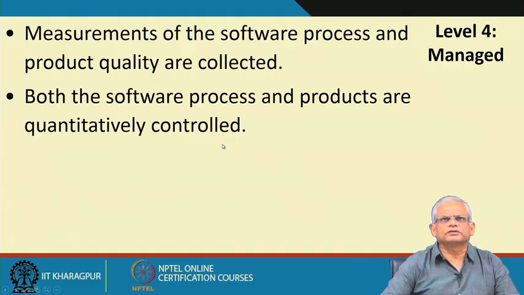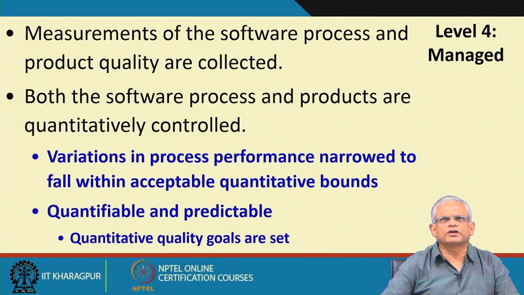In level 4, the process and product quality are collected, and the software process and product are quantitatively controlled, and variation of the process performance is narrowed to fall into acceptable quantitative bounds.